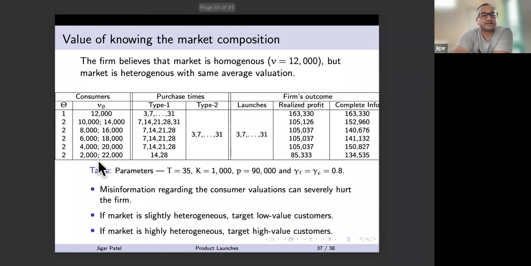An interesting observation is the value of knowing market composition. Imagine you are Apple, Toyota, or Microsoft, and you want to understand the market composition. If you assume that every customer is like Jigar, who has some base utility, and you launch a product based on that information, you earn some profit.